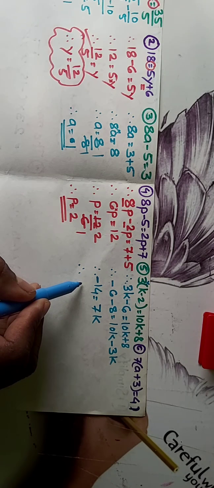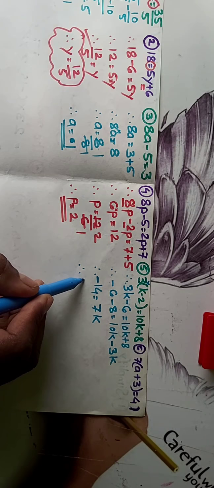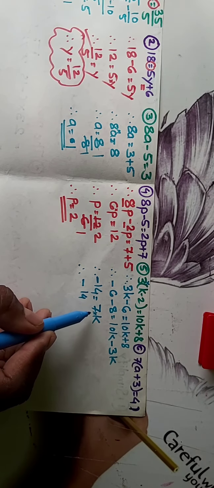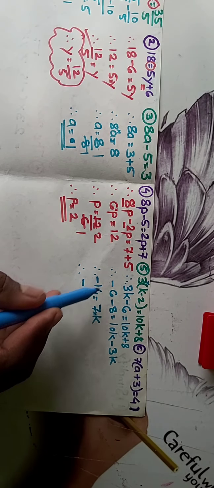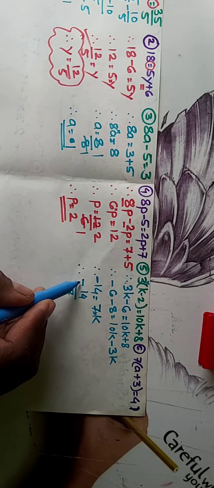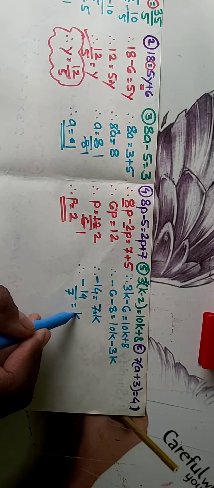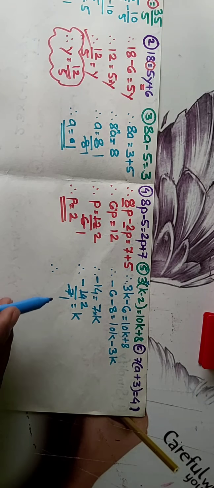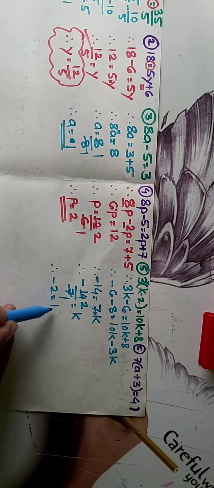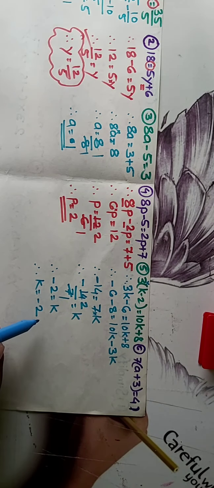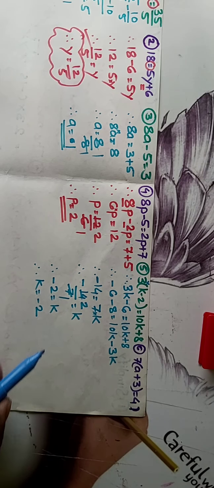Therefore we'll shift this, or you can write minus 14 here, multiply sign, so the 7 transposing this side becomes divided, so minus 14 divided by 7 is equal to k. Therefore 7 1s are 7, 7 2s are 14, so minus 2 is equal to k. Therefore you can write it this way also, k is equal to minus 2.